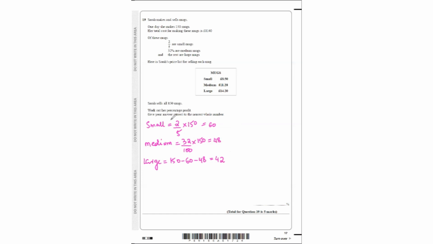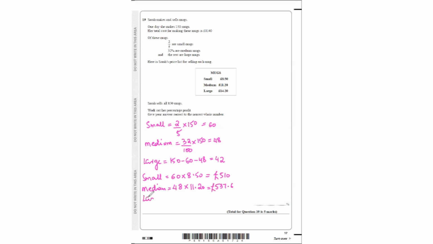Now, once we found the number of mugs for small, medium, and large, let's find how much she'll be earning after selling these mugs. So for small, it's going to be 60 times 8.50, which is equal to 510 pounds. For medium, it's going to be 48 times 11.20, which is equal to 537.6 pounds.